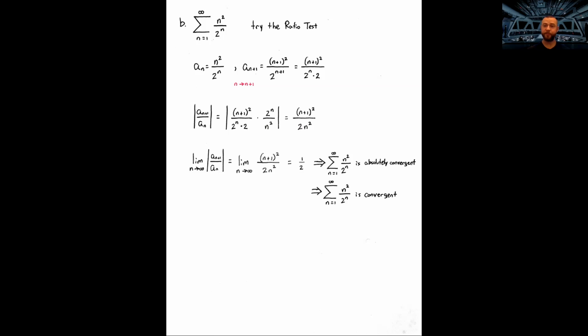All right, and notice if you simplify that, the 2 to the n factors cancel out, and you get for your simplified ratio, again, the absolute values here don't matter since the terms inside are only positive, n plus 1 squared divided by 2n squared.